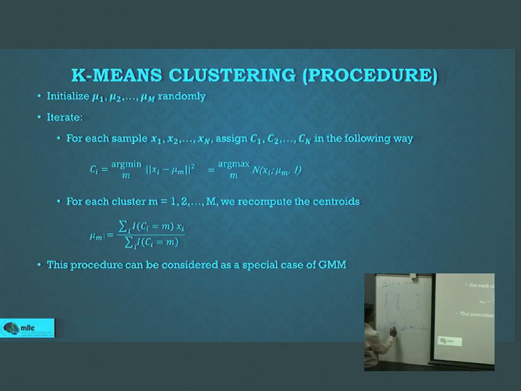This has to be maximized. The constant doesn't get involved. Maximizing this is the same as maximizing its log, so log and exponential cancel, and maximizing this is nothing but minimizing x minus mu transpose x minus mu, which is the norm of x minus mu squared. You can take the square root of this, or maybe square. That's how we prove that both are similar.